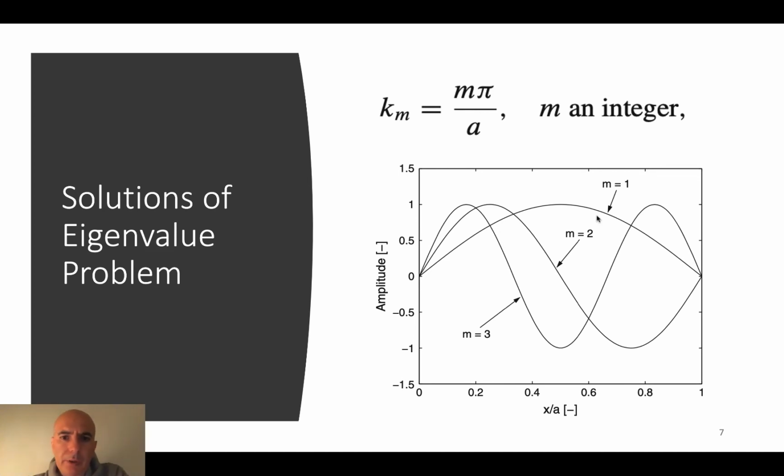In this plot, we have the first eigenfunctions related to the first eigenvalues. In the case, for instance, that we have a simulation box of length pi, the pi cancels out, and our eigenvalues will be all these integer numbers, so 1, 2, 3, and 4.